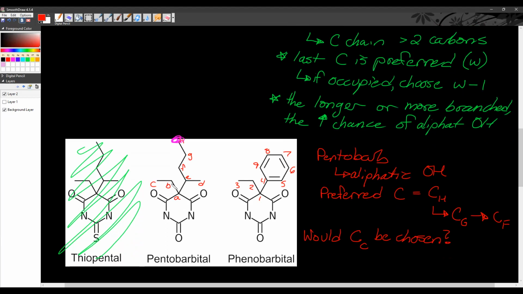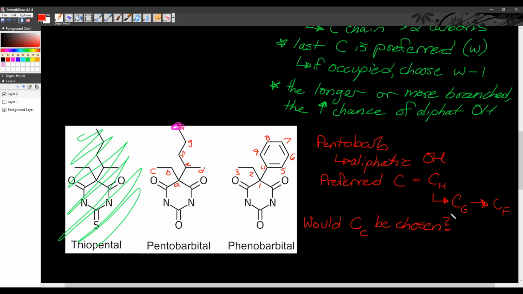So what we find is that if you just have 2 carbons here, you have no aliphatic ability to hydroxylize it, right? So in terms of aliphatic hydroxylation, this ethyl group is moot. All right. So no, too short.